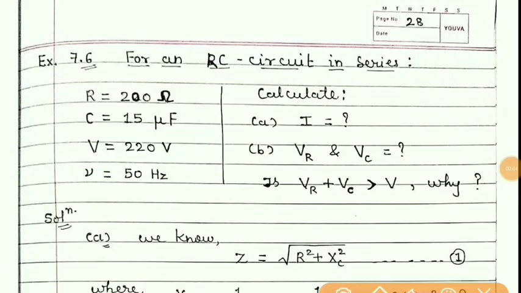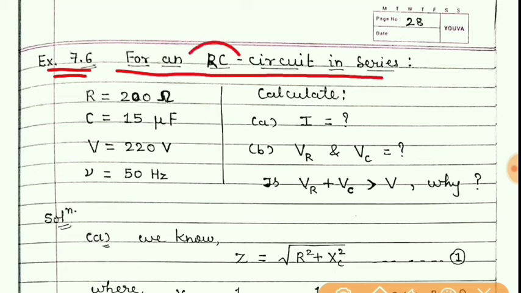Now example number 7.6, for an RC circuit in series. Students, here only R and C are connected in series with the AC source.